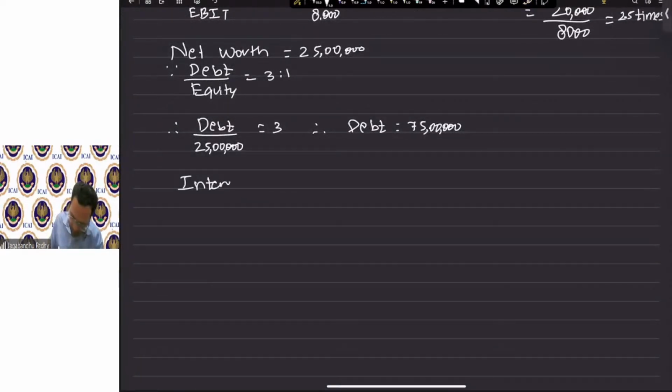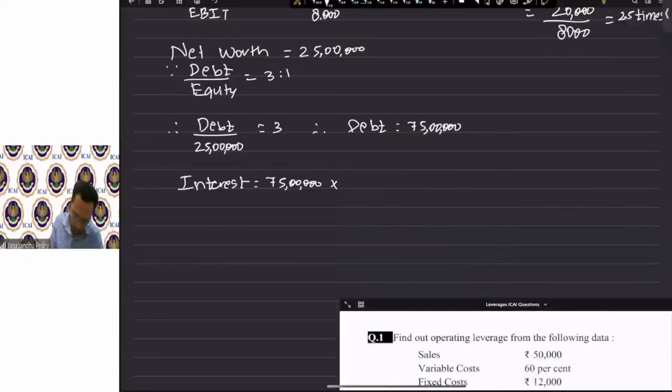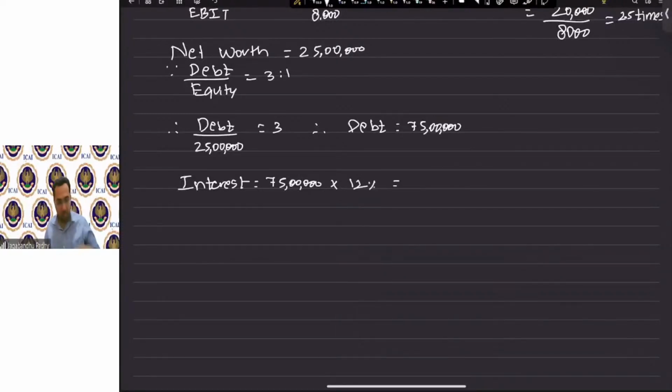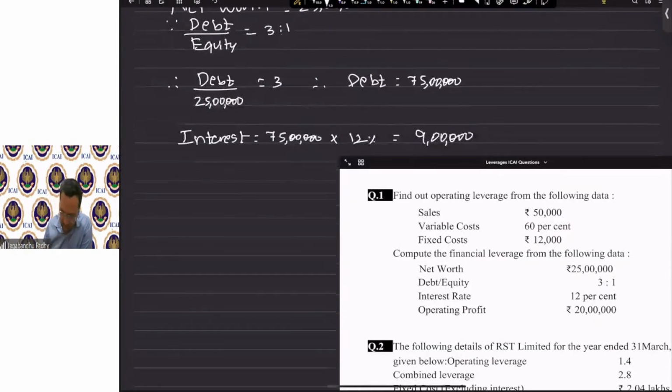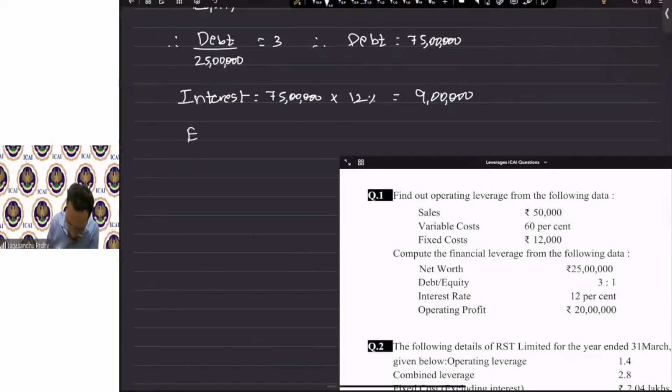Amount of interest will be 75 lakh into 12%. That is interest amounting to 9 lakh. Now, to compute the financial leverage, we need EBIT. First, EBIT is 20 lakh.